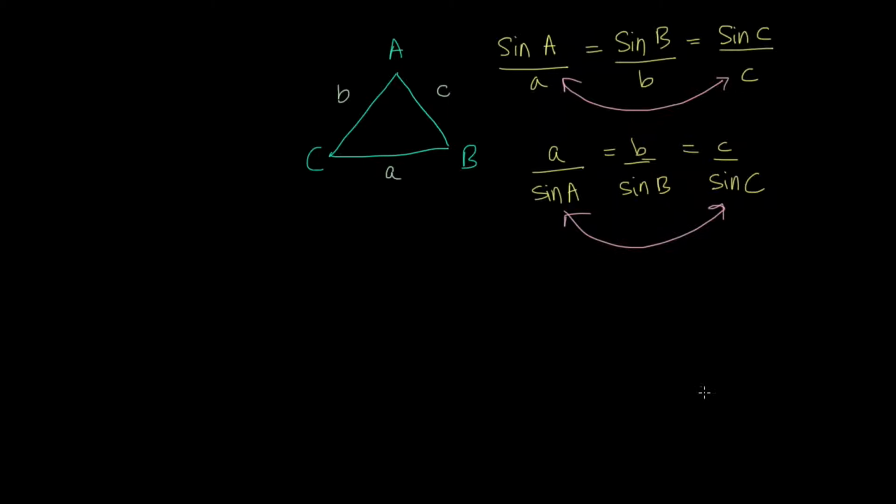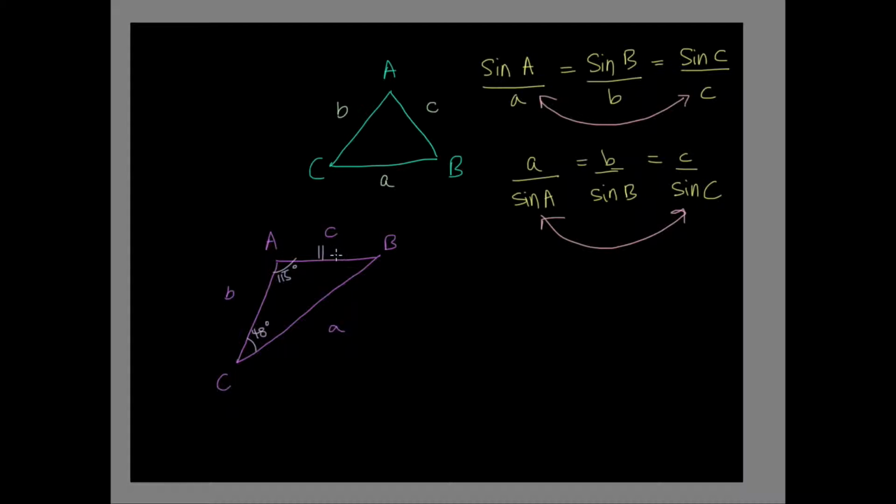Let's do a quick question to really understand how it works. If I have the triangle A, B, C, so this would be side A, that would be side B, that would be side C. And if I have some values, so let's say this is 115 degrees, this is 48 degrees, and this is 11 centimeters.